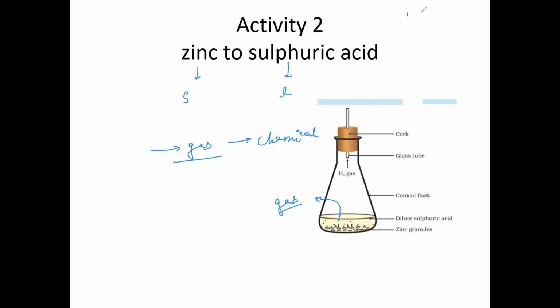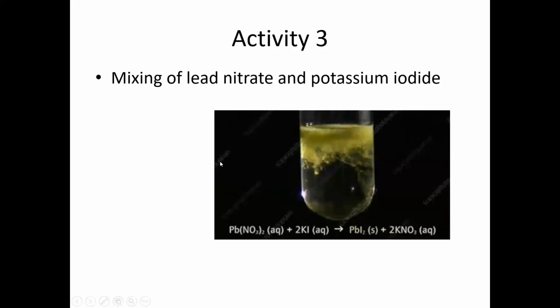So the first property we said, if we see new substances formed, the color of the substance may change or the state changes. Because a solid and a liquid mixed to give a gas. So if gas is evolved, then also we call that change to be a chemical change. This is how we identify whether the change is a physical change or a chemical change.